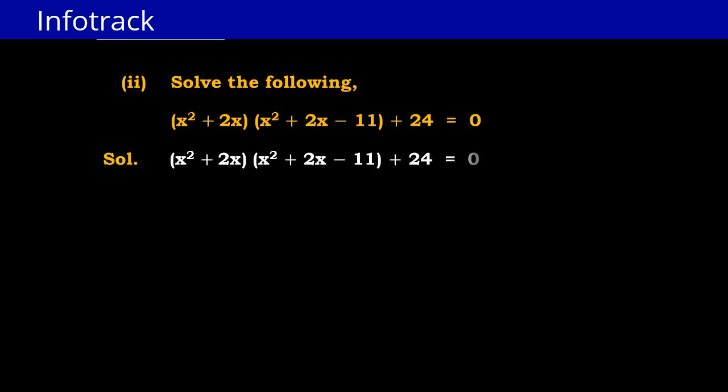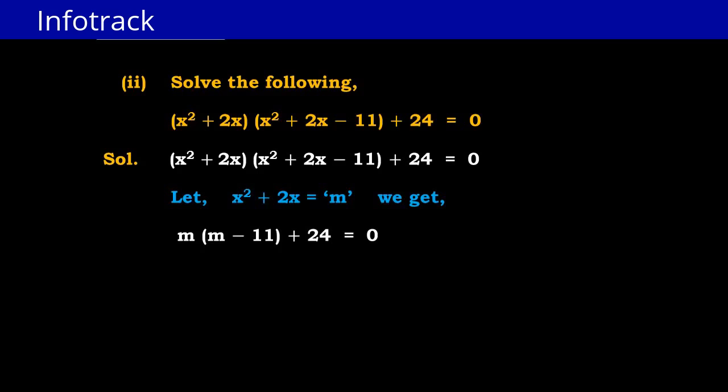Now in this equation we can assume x² + 2x = m. We get m(m − 11) + 24 = 0. That means m² − 11m + 24 = 0.